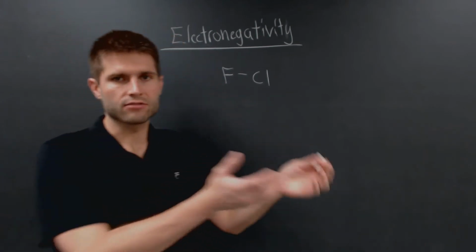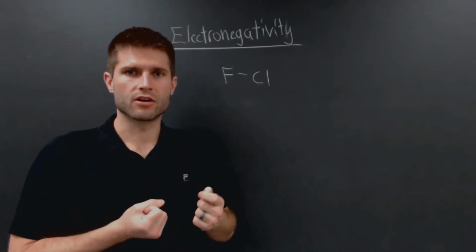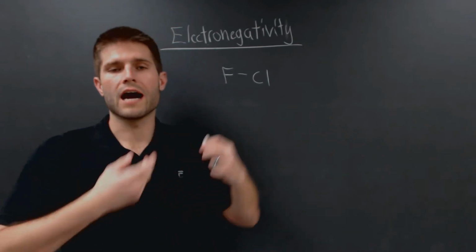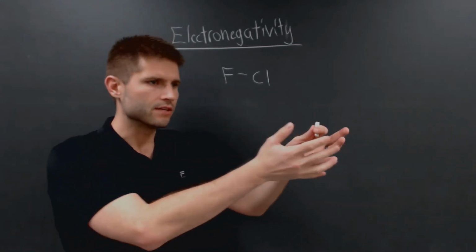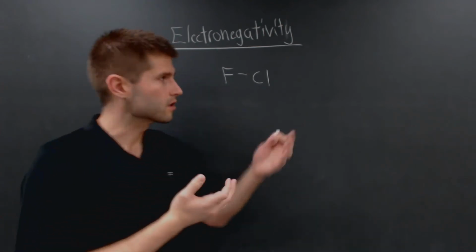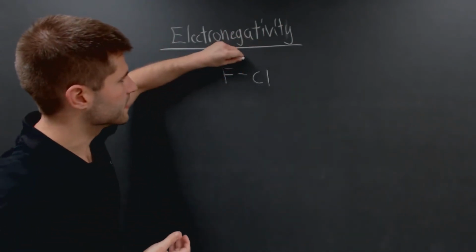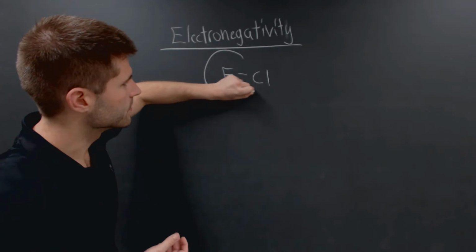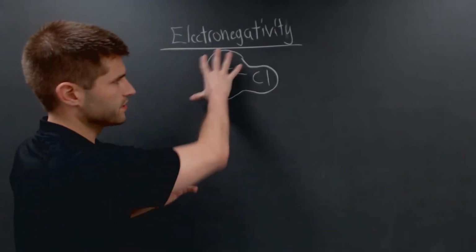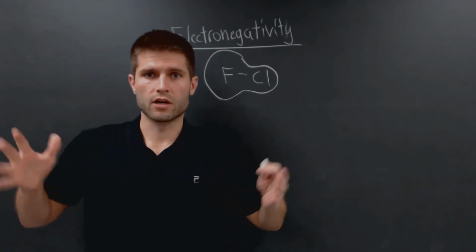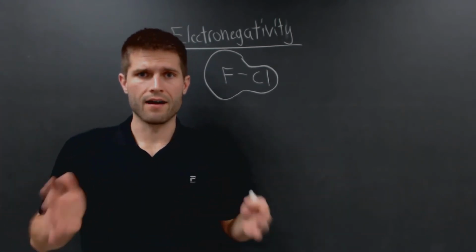The fluorine is actually stealing some of the electrons, or spending more time with the electrons. It's not an ionic bond, so it's not really stealing it, but it's drawing these electrons closer to the fluorine, which ends up making our electron density look something like this, where the bigger the sphere, the more electrons tend to be around that element.